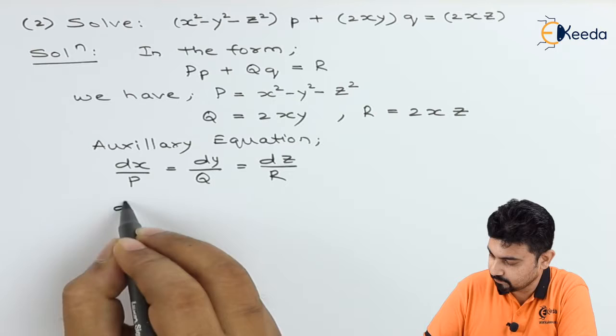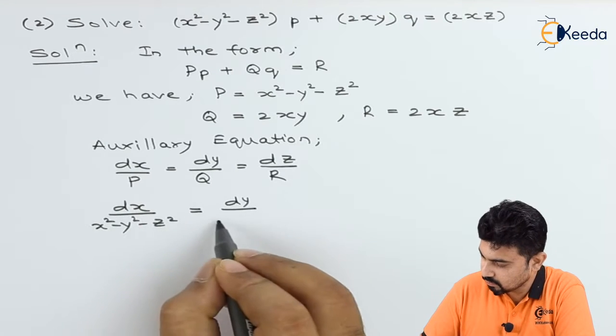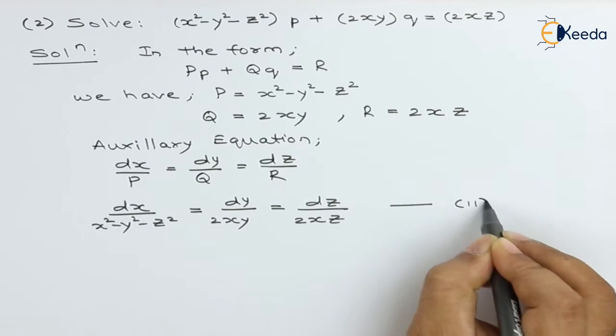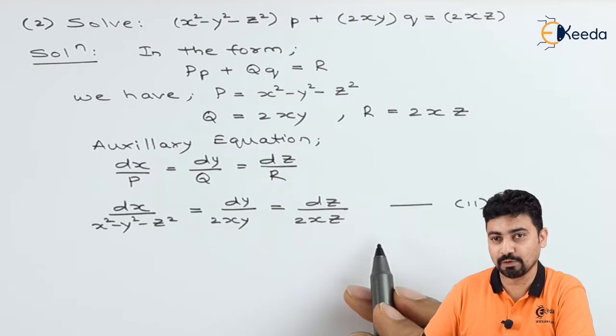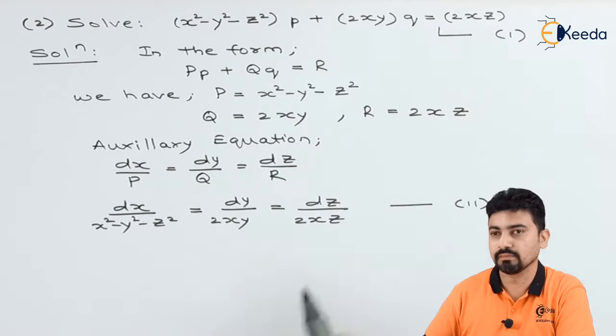So we have, this is our equation number 2, and our question, that is the given linear partial differential equation, will be our equation number 1.